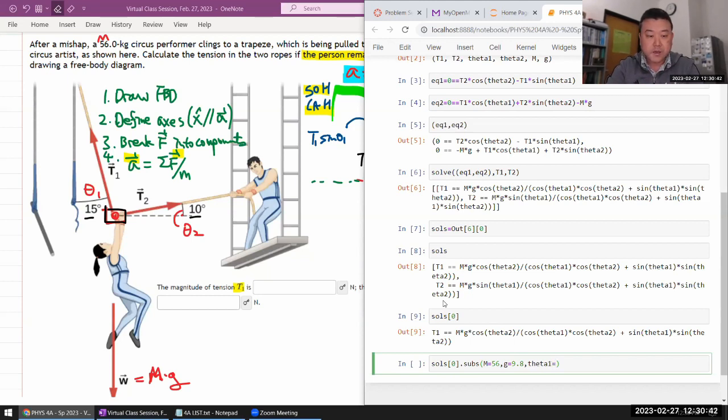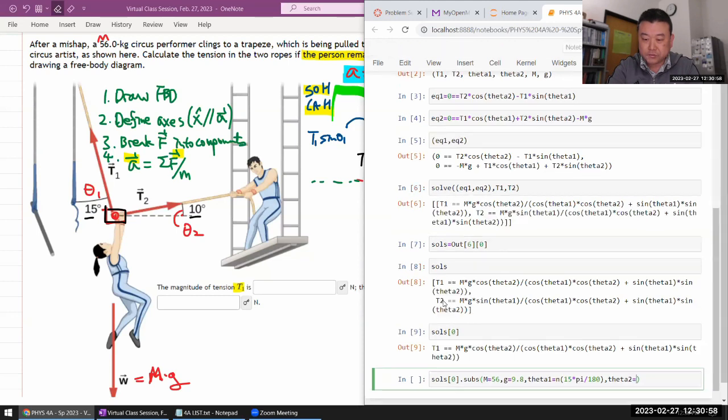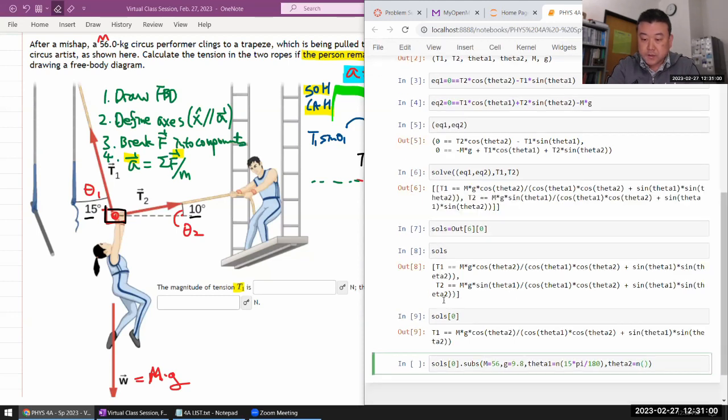So I need to enter theta 1 as 15 degrees and then convert it to radians, pi over 180. And let me make sure this is a decimal approximation. Theta 2 is 10 degrees, so 10 times pi over 180, so that it'll be in radians when it calculates. Okay, I think that's all the numbers I need.